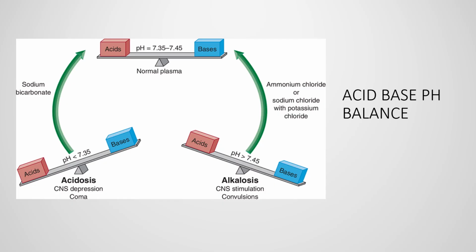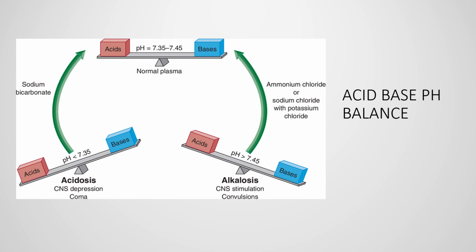Okay, so the plasma in your blood, so we're on to acid-base pH balance. Your serum or your plasma has to maintain a very, very tight pH in your bloodstream, 7.35 to 7.45.